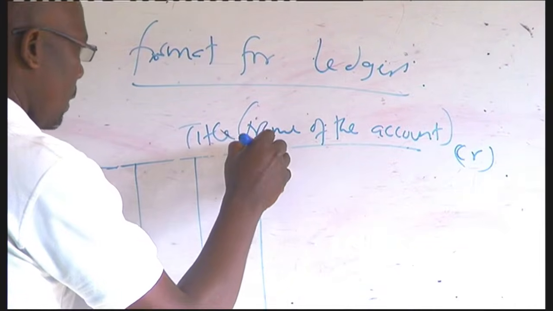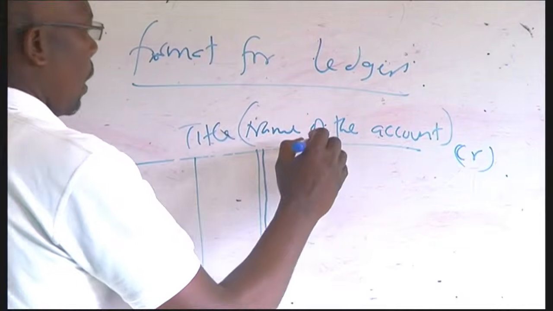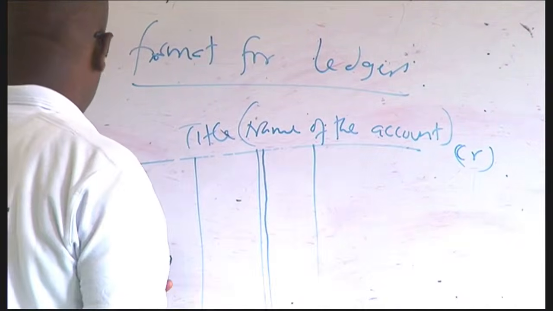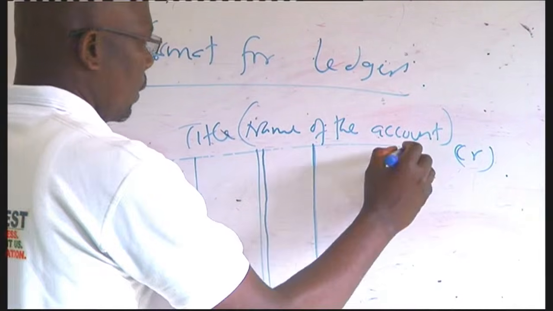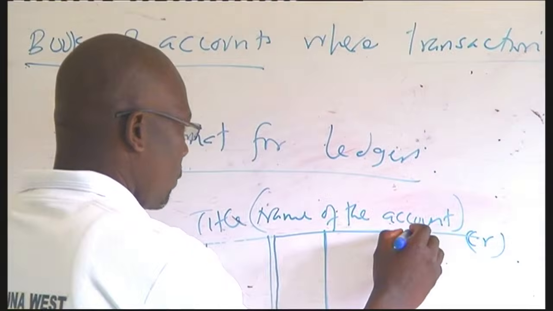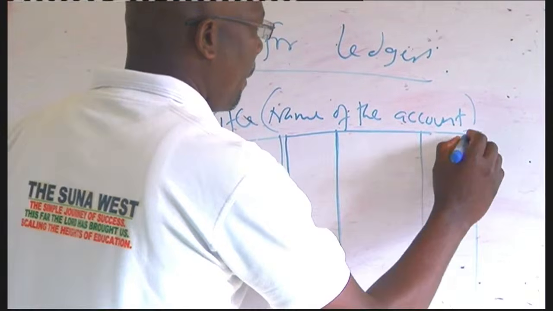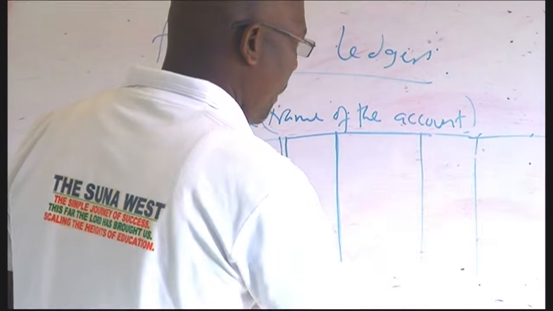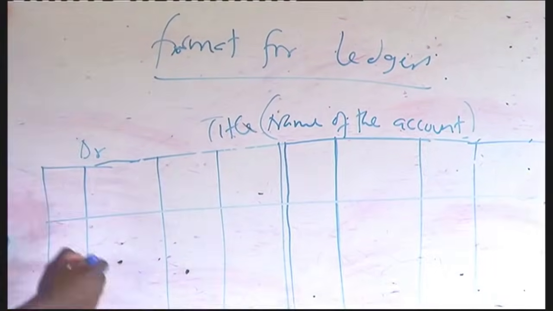We normally separate the two sides by a double stroke. So as I've said, each of the two sides has 4 columns. The columns are as follows.